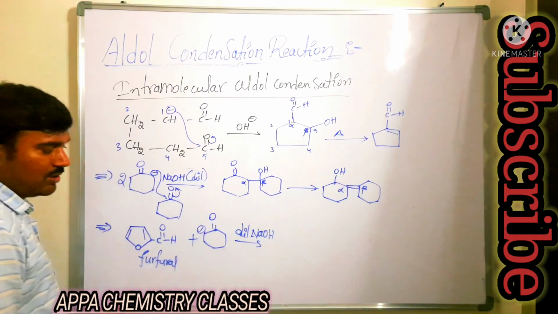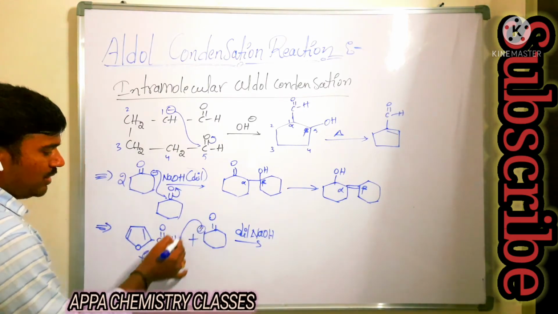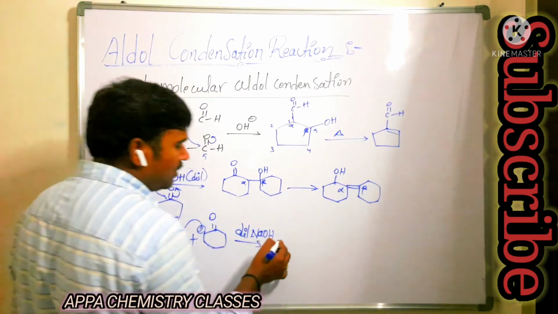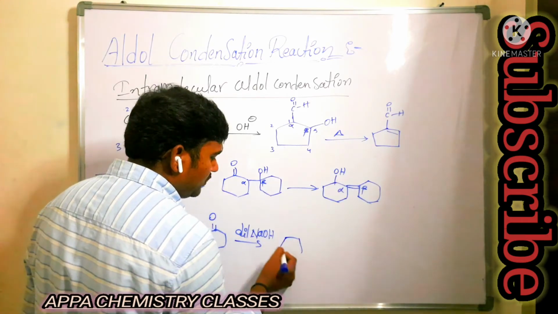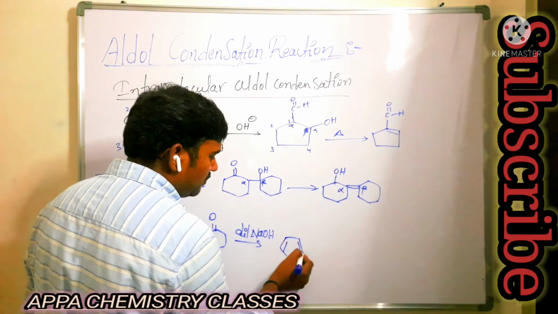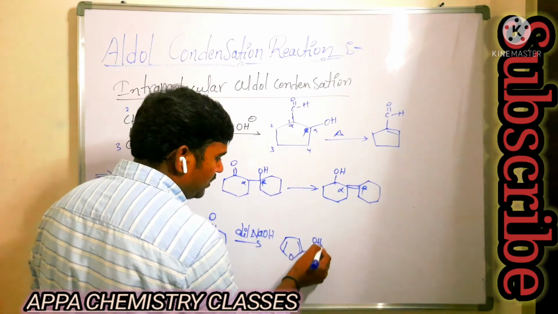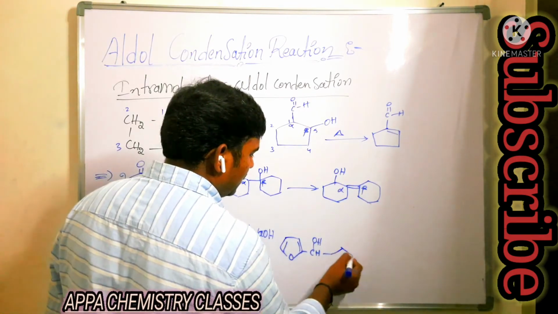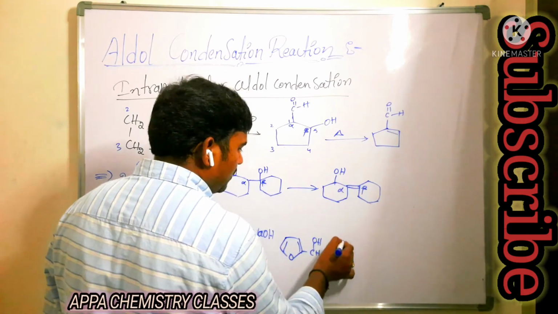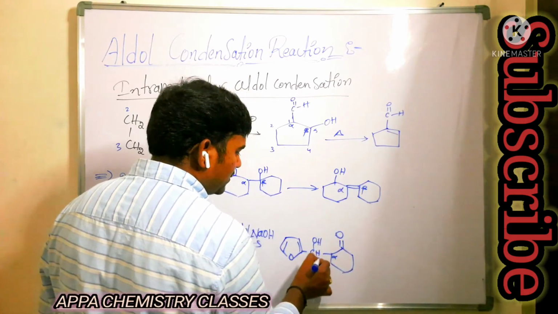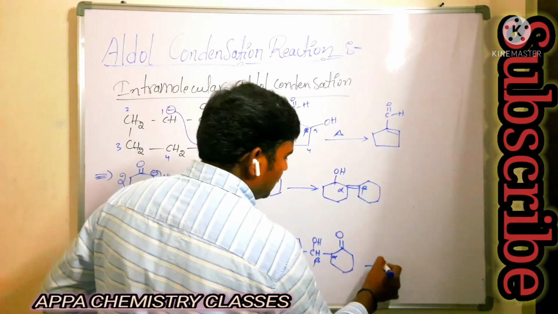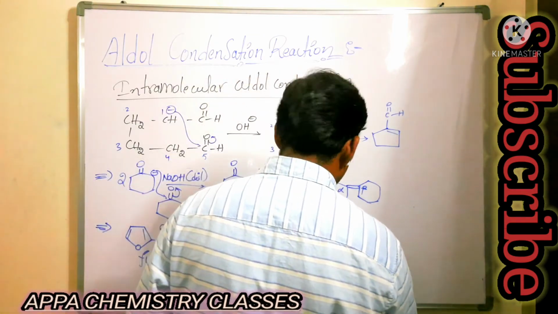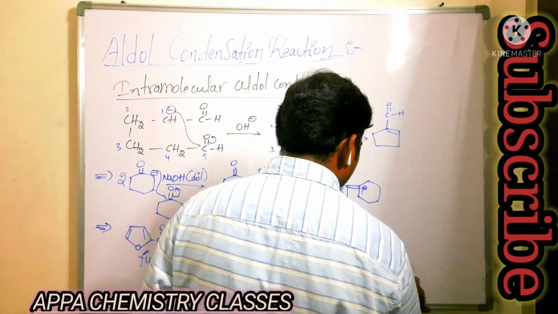Which captures the proton from here. So which will attack on this carbonyl carbon. Then we are going to get COH, it will be H. So in this case we are getting the compound. Now this is alpha carbon, this is beta carbon. So which on condensation, we are going to get this compound.